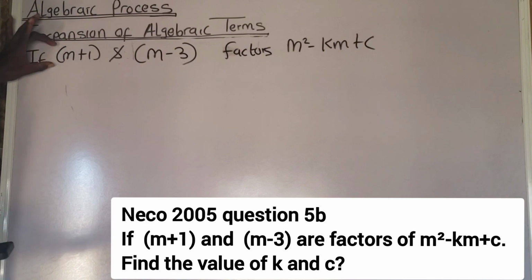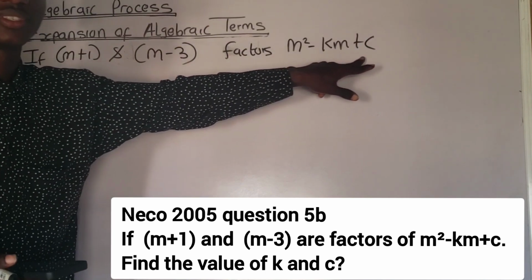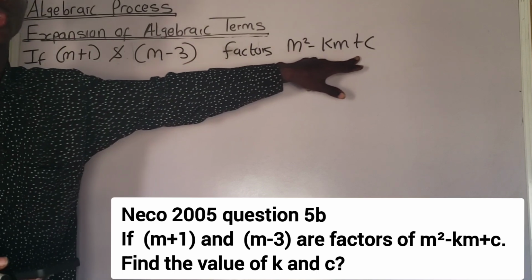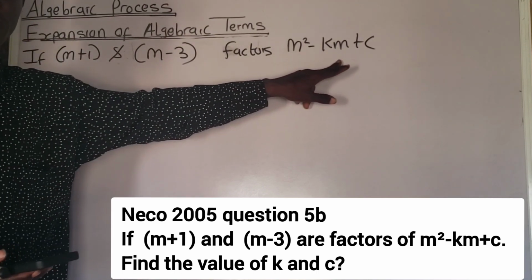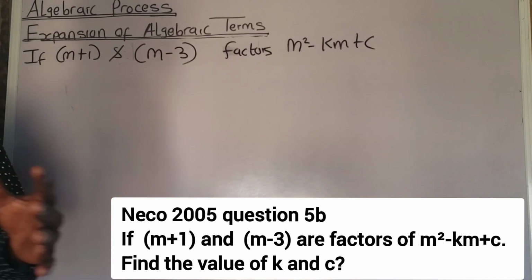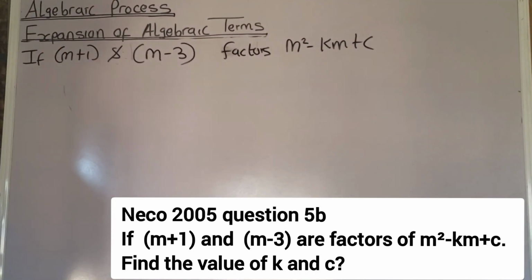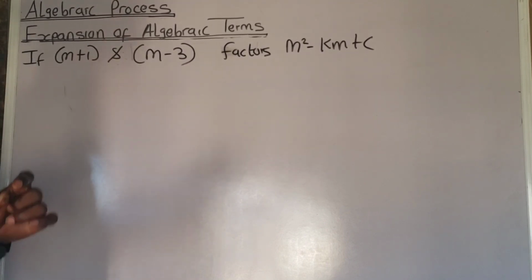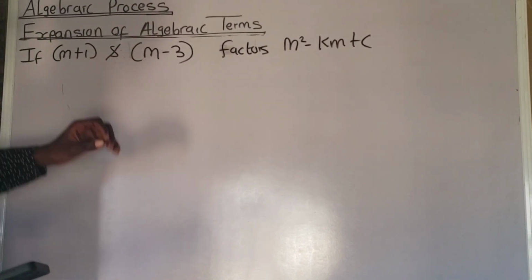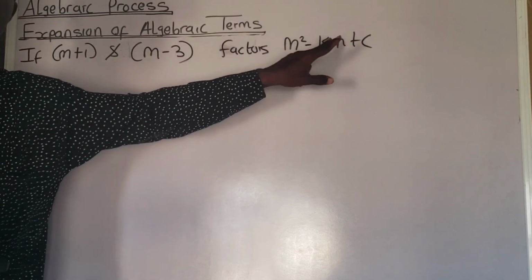Look at this. If m plus 1 and m minus 3 are factors of this quadratic expression, by the time we take the product of their factors, we must arrive at this. You understand? And product means multiplication. So now I'm going to take the product of m plus 1 and m minus 3, because it is after taking the product that I can arrive at the answer. I will use the equation that I get having taken their product to get the value of k and c.